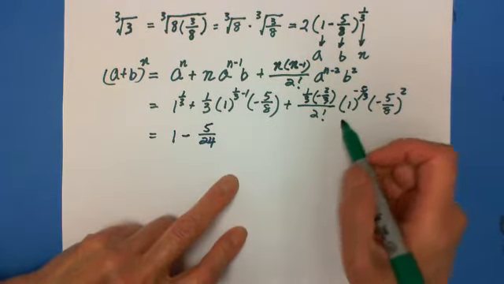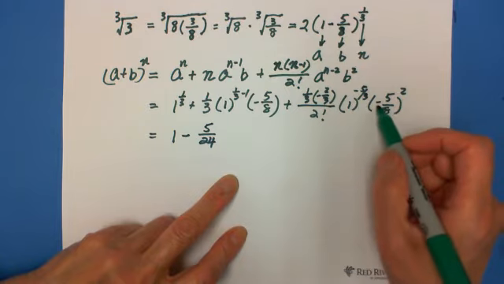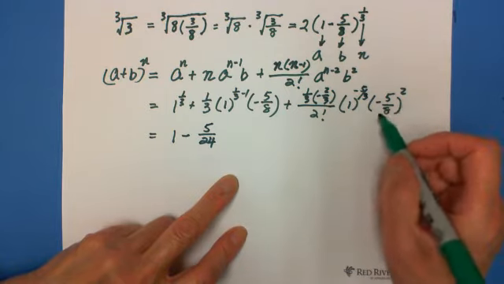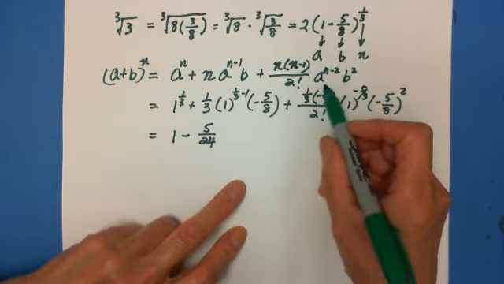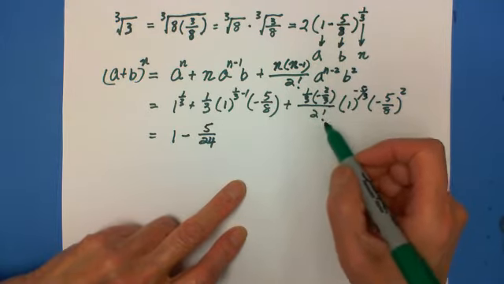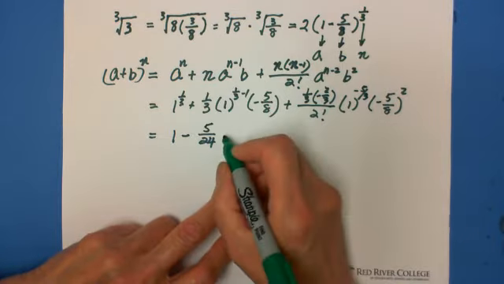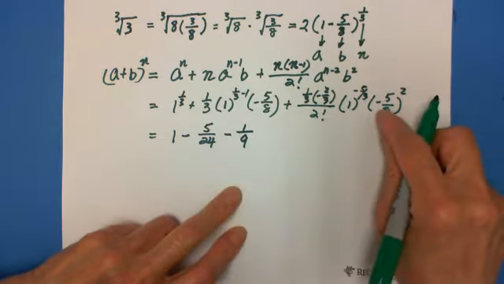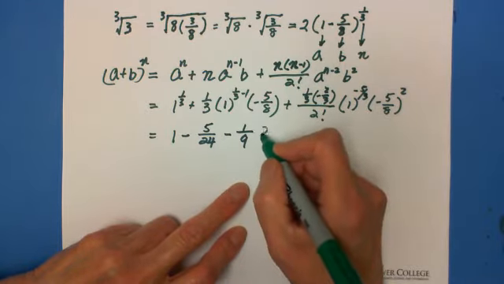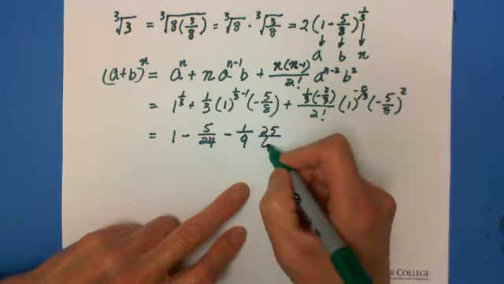Then negative 5 over 8 squared becomes positive, and this one still has the negative. These two cancel with these two, so this is minus 1 over 9. And this is 25 over 64, right?